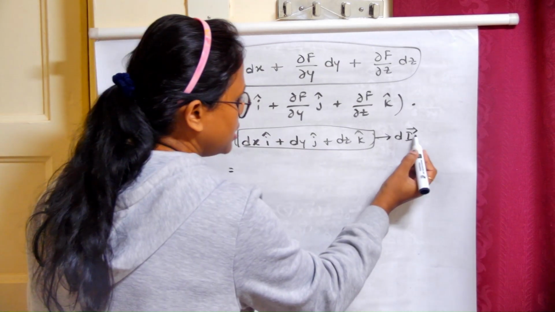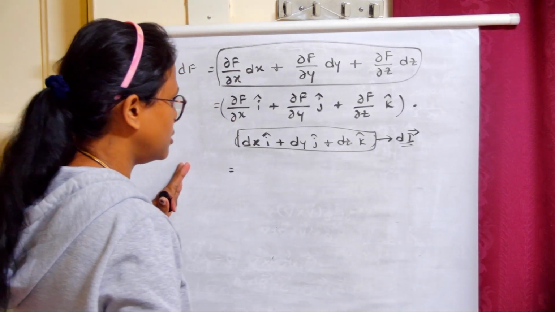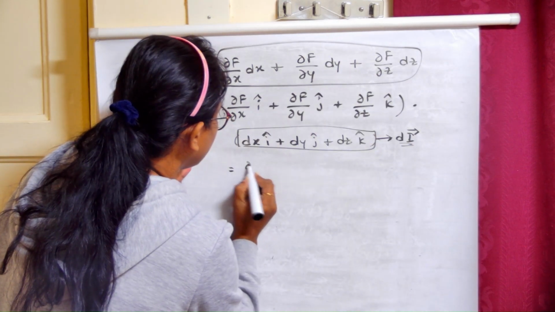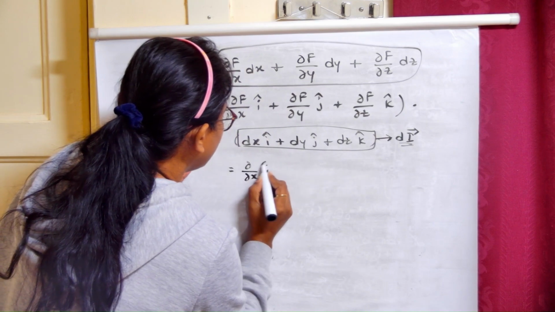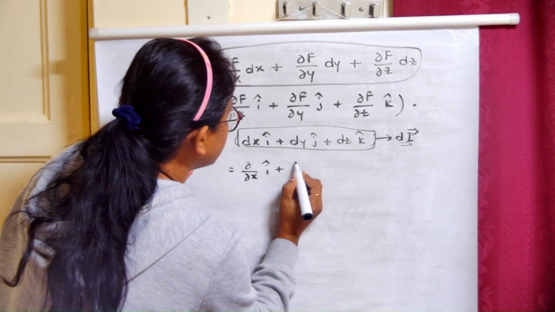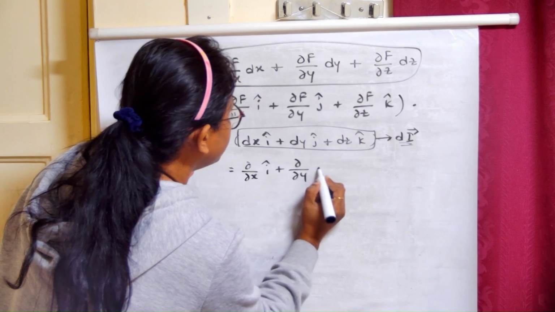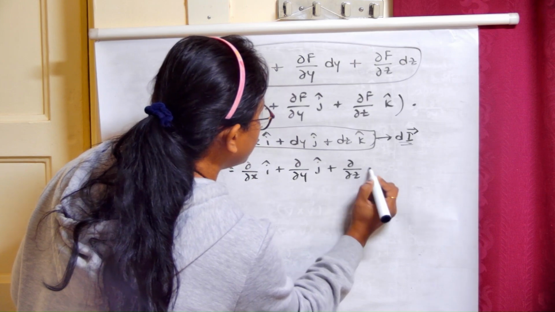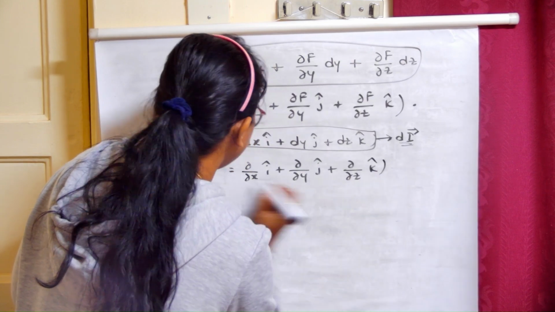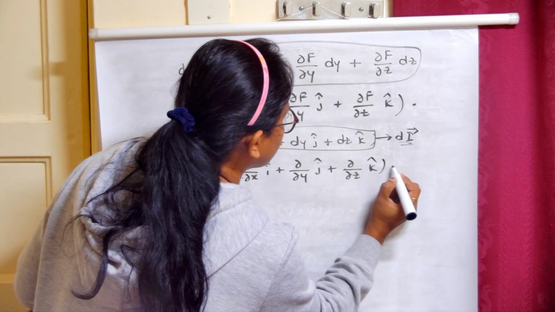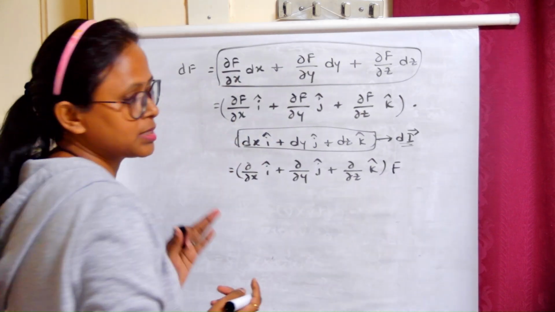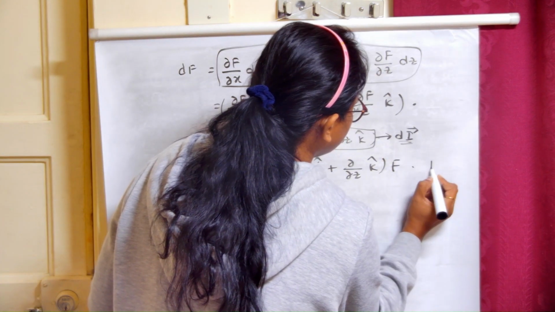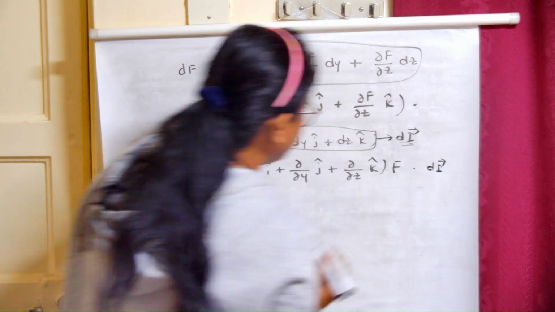So I can write it as d l bar, which is the infinitesimal displacement vector, and the remaining term is this one: dou by dou x i cap, plus dou by dou y j cap, plus dou by dou z k cap, and f is a scalar function, into d l bar.